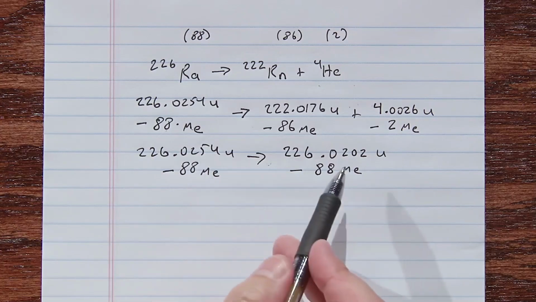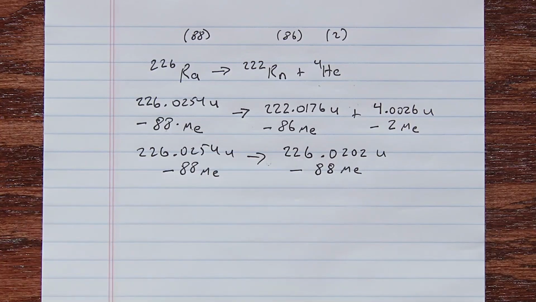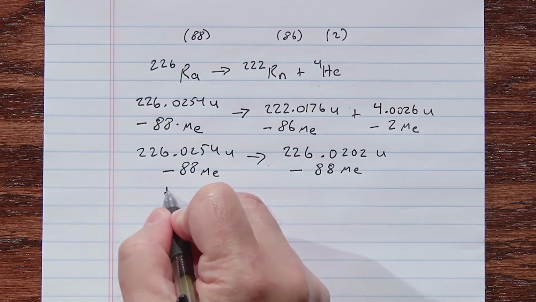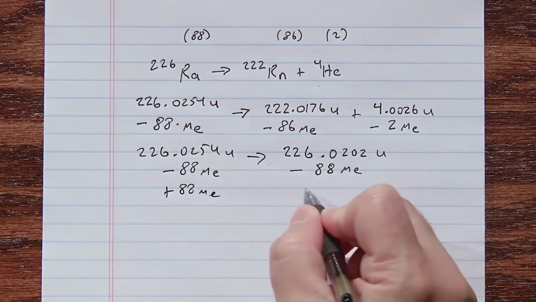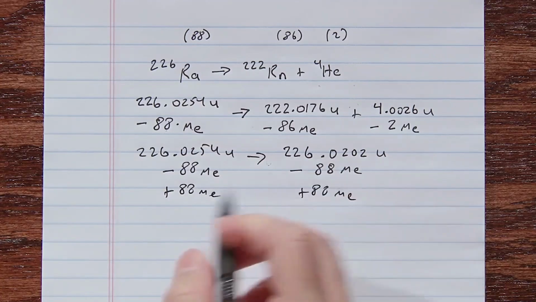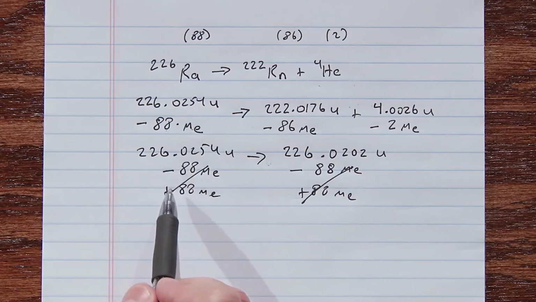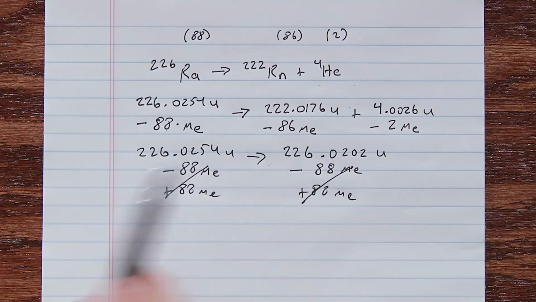So we're subtracting off the same number from both sides. If I add the same thing to both sides, then I won't affect the difference between the two sides. So I can add 88 times the mass of an electron to both sides. Then I can cancel this off. So the difference is the same as the difference between these two numbers.